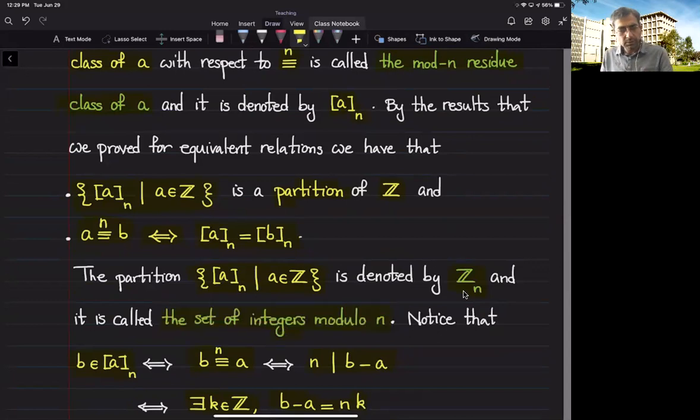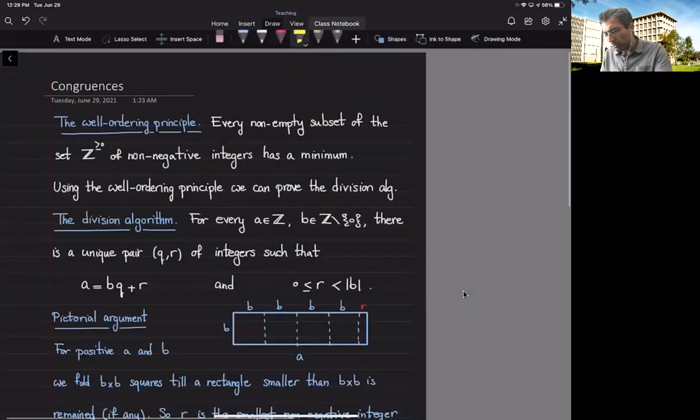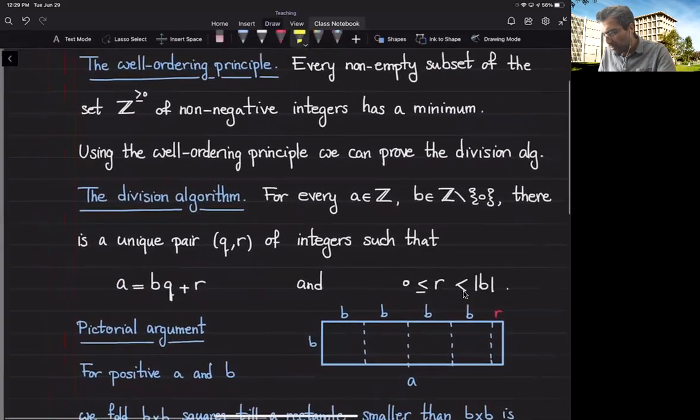Okay, so we want to understand the cardinality of the set of integers modulo n, and we get to this after we prove long division, and using that we show that in fact the set of integers modulo n has exactly n elements. Okay, so let's start with the well-ordering principle.